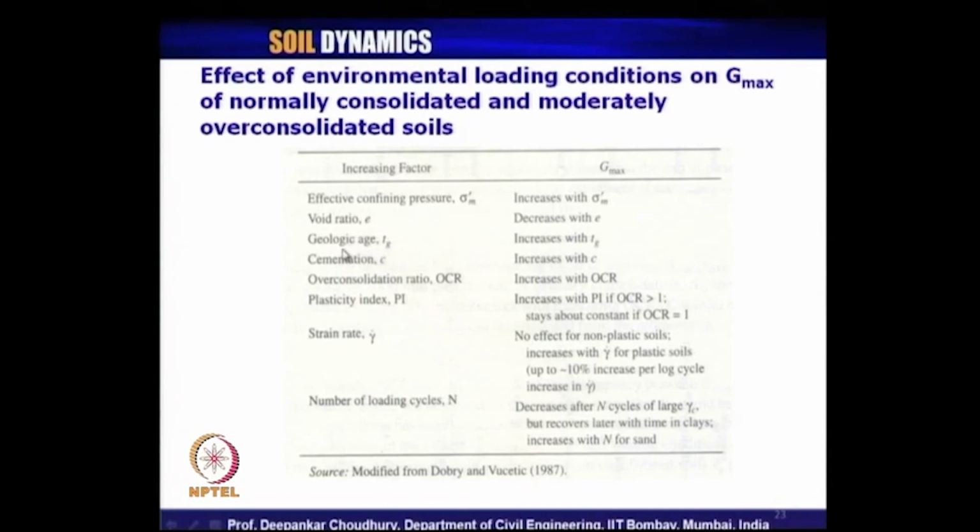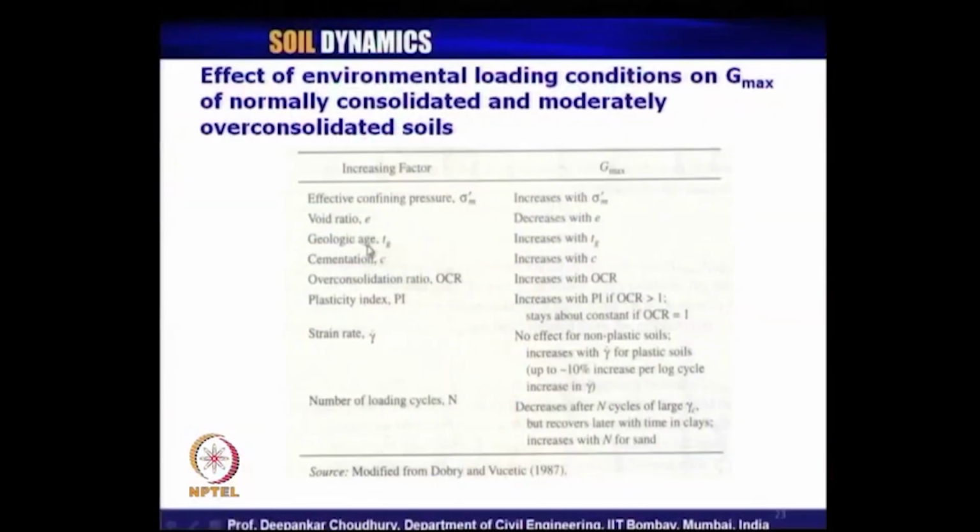Then let us look at another environmental factor, that is increase in geologic age. Geologic age means like formation of soil. If it is geologically very old ancient soil, or what we sometimes call the parent soil, is present at any particular location, rather than a transported soil or filled up soil material from one place to another, if we do the test, any of this cyclic triaxial or cyclic simple shear, what we will get the value of Gmax.